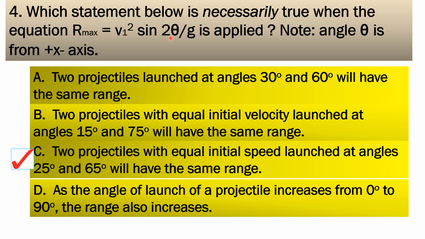At what maximum angle will a projectile acquire the maximum range, or the greatest value of range? It is at angle 45 degrees, where the sine value of twice the angle, which is 90 degrees, is already the maximum possible value for the sine, which is equal to 1.